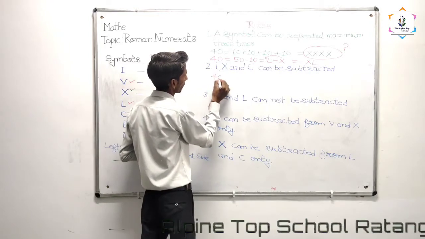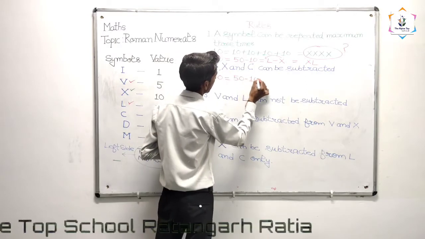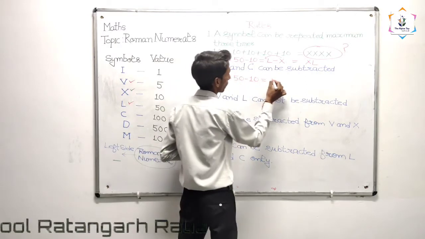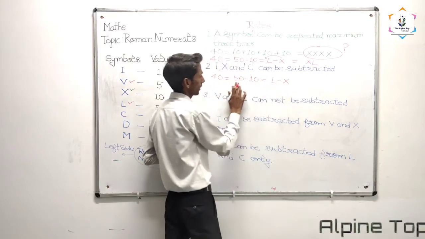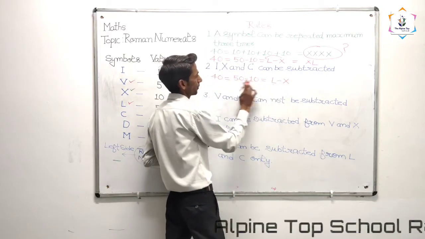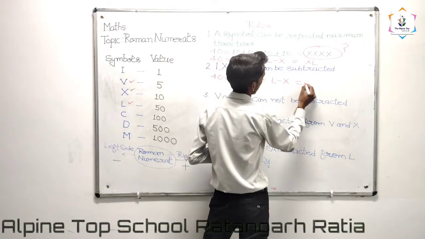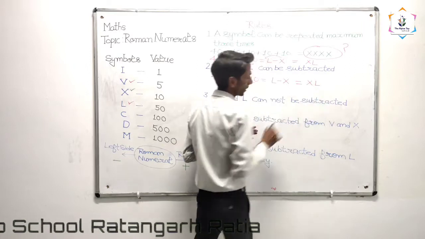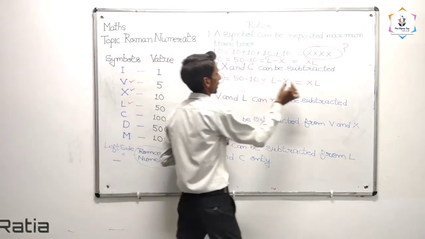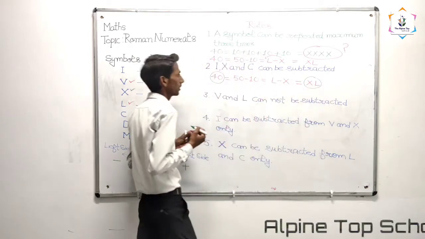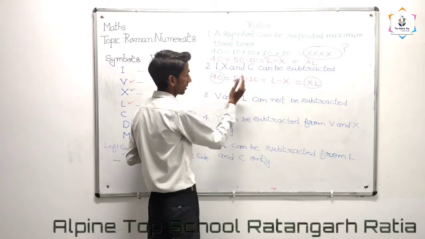Just imagine I want to write 40. I can write 40 as 50 minus 10. The Roman numeral symbol for 50 is L and for 10 is X, because I am subtracting 10 from 50. Obviously I have to shift this X on the left hand side of L. It means we can subtract X also.